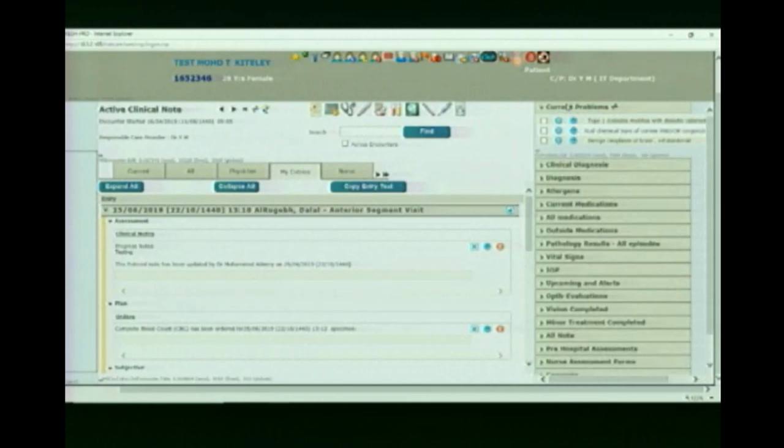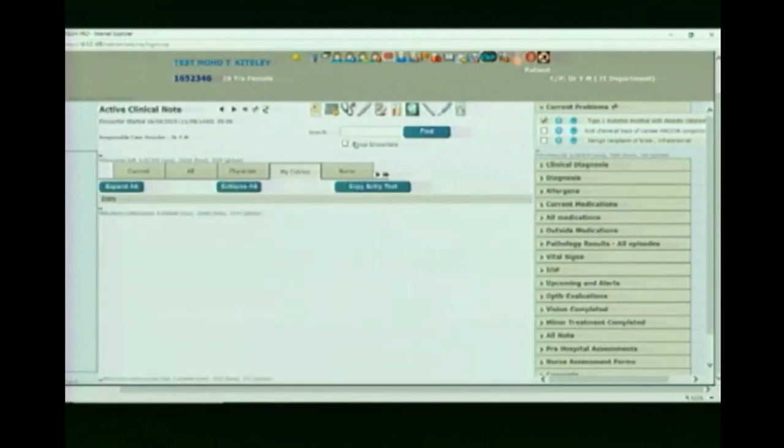One more function, you can enter the patient file based on the problem. If you enter any problem that's related to specific entry or specific visit, you just click on the current entry, then click here across encounters.